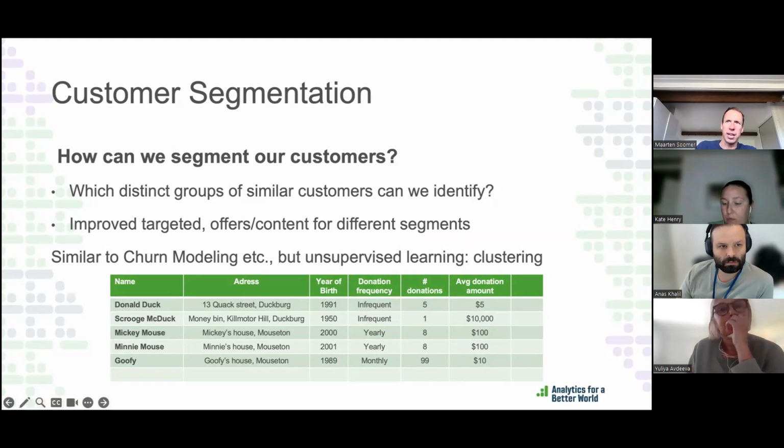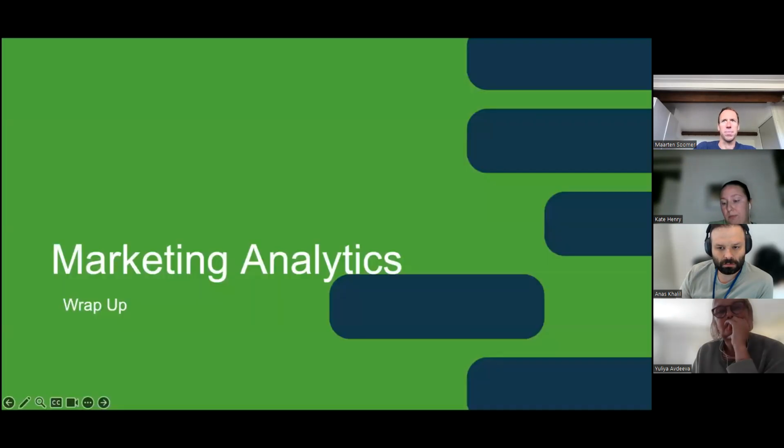But still, doing some data science-based, unsupervised learning, doing some clustering algorithm can help to reinforce all of this and help marketing to create better content and offers for different customer segments. So it can also be a very relevant application for your donors.